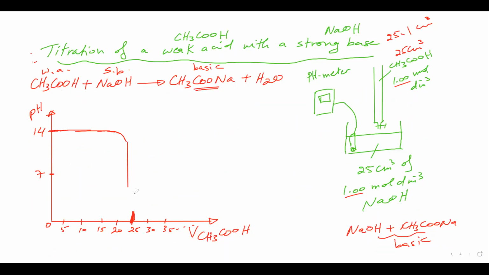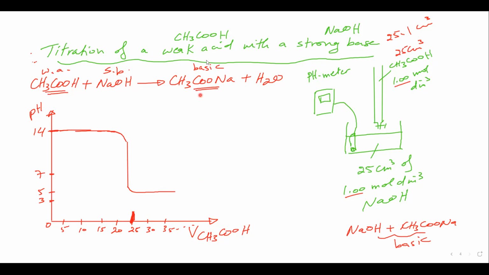But when a weak acid is used, the pH will reach about 3 to 5, because a weak acid is between 3 to 5. So because we are dealing with ethanoic acid, it's a weak acid. So when we have a drop here, the drop will not go down till pH 0 or 1. It will reach only maybe till 5 because it's a weak acid that is going to be formed.